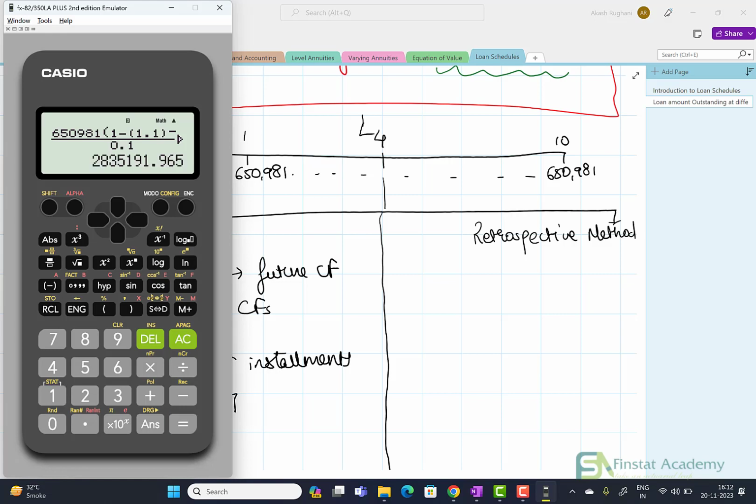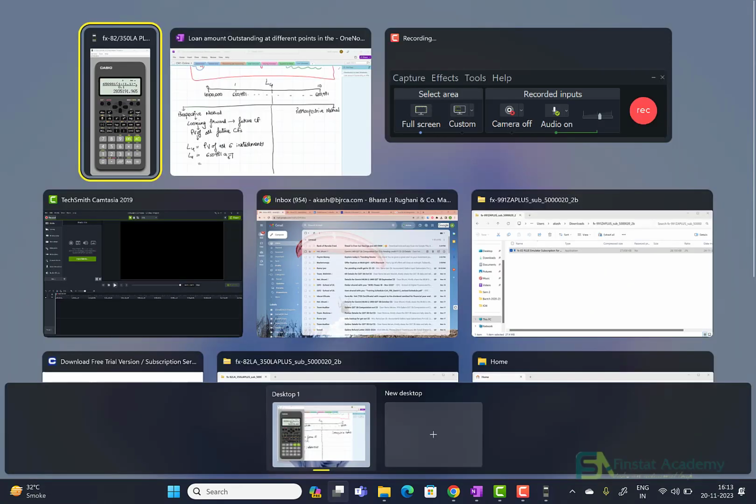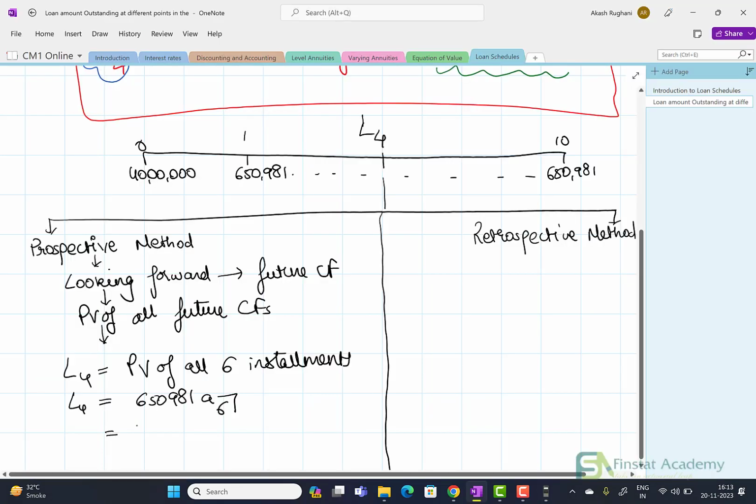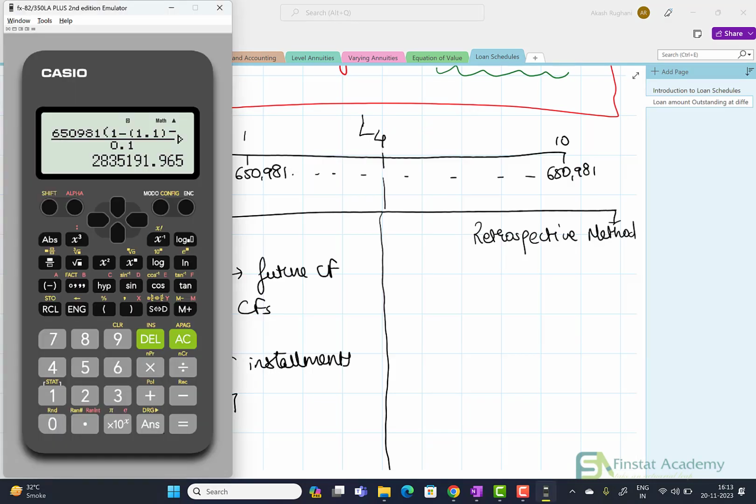So that becomes 28 lakhs 35,191, that is 28,35,191.